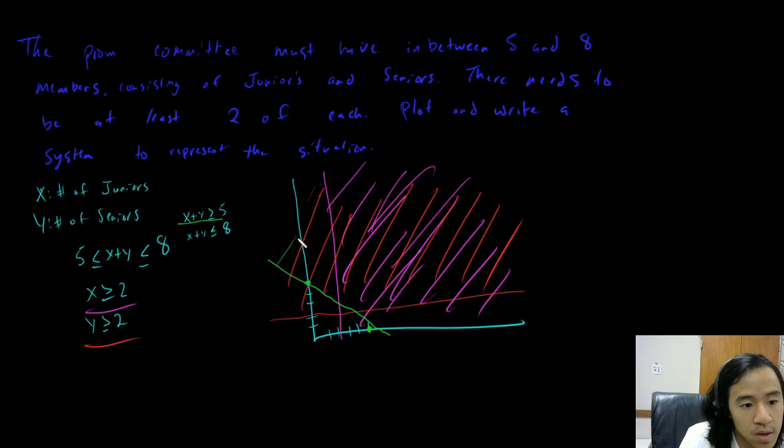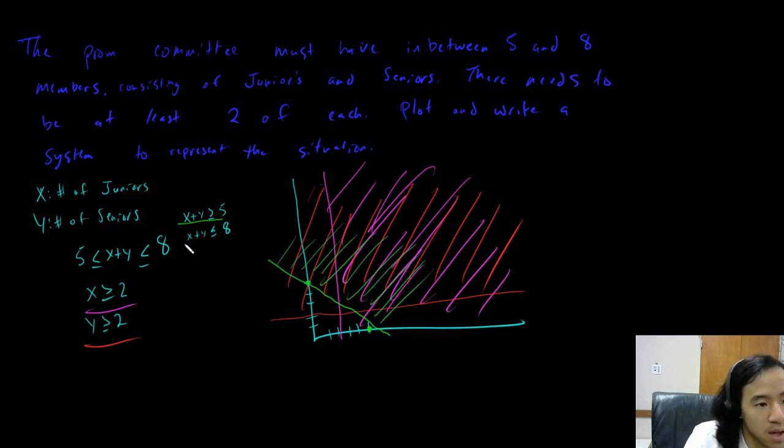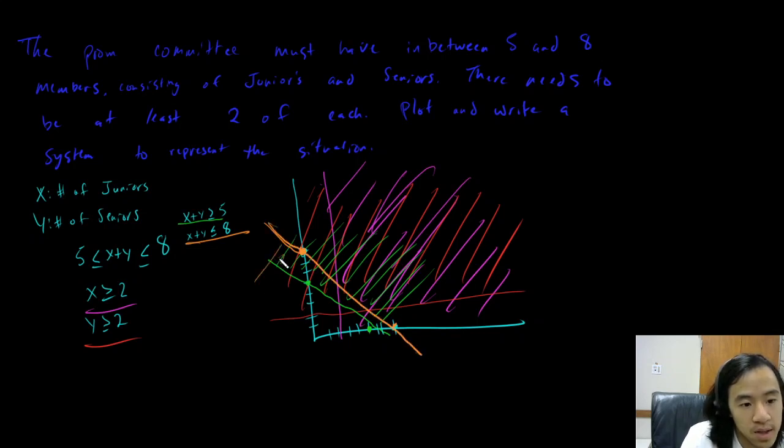So here's this one. And it needs to be greater than this. So it's going to be upwards. And then for this last one, I'll do it in orange. So our x and y intercepts will be 8. Plot that, and it's going to be downwards.